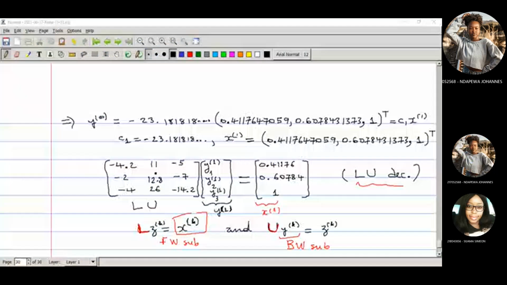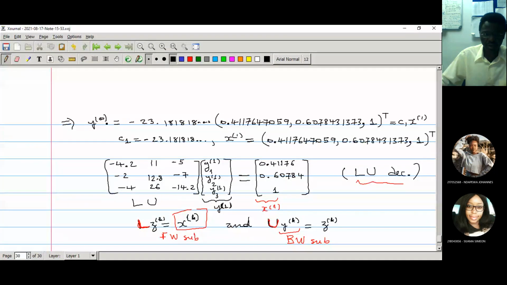Okay, so without any further ado, remember that last time I asked you to go through the example of the LU decomposition so that we can perform a few iterations and show the convergence of our method. So this is where we stopped last time. We're here from y0.